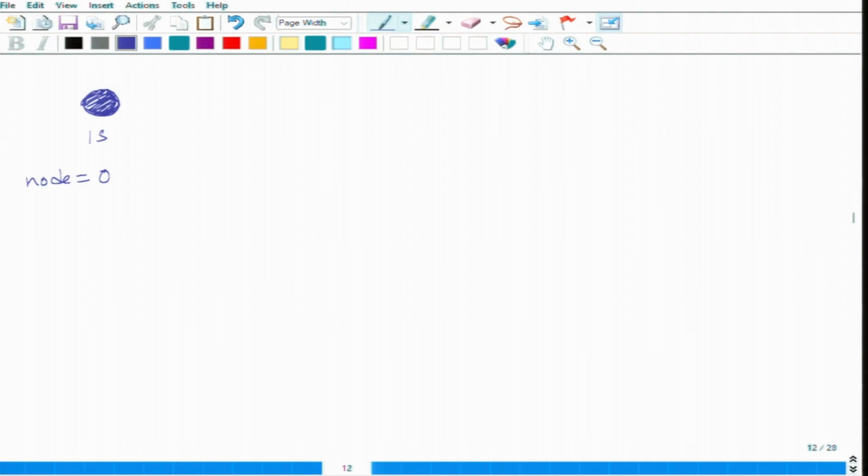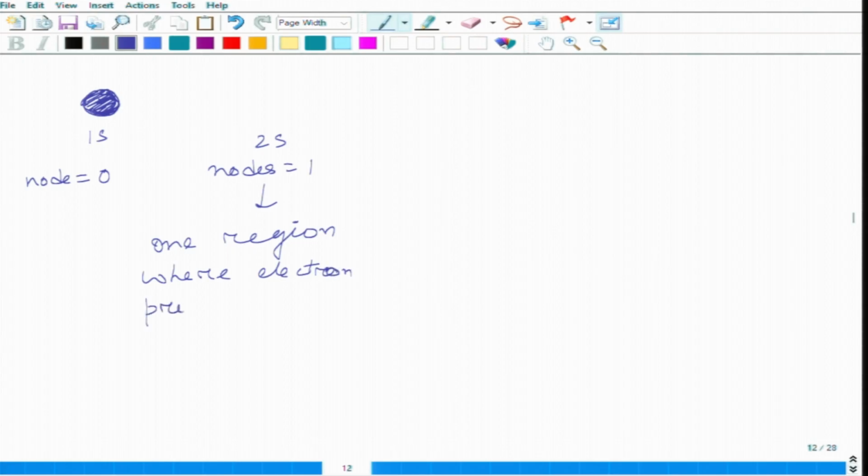Now for 2s, we know that the number of nodes is 1. So there should be one region where the electron probability density is 0, right?